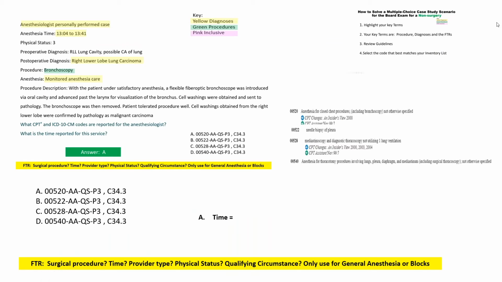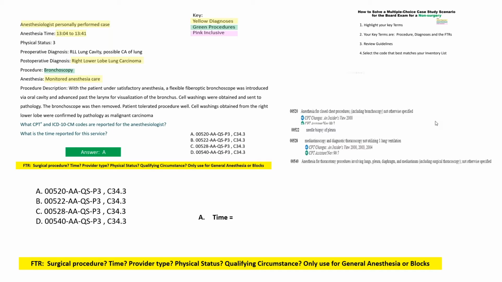What will be the anesthesia time for this scenario? Quickly, coders, anesthesia time for this one. Okay, I got the first response. The first one, I'm asking about the anesthesia time.